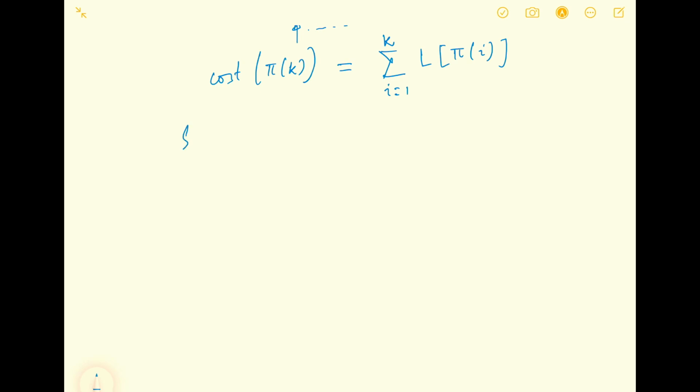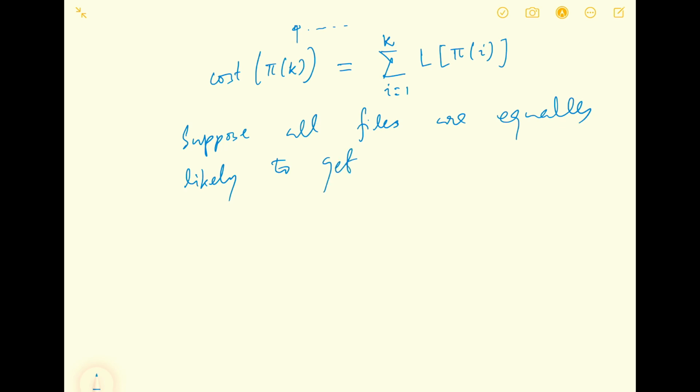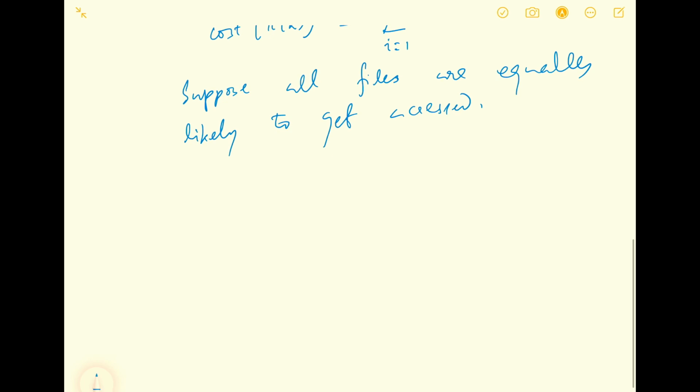So expected cost: there are n files and each file on an average 1 out of n times gets accessed.